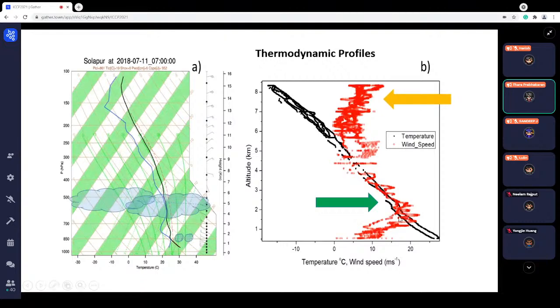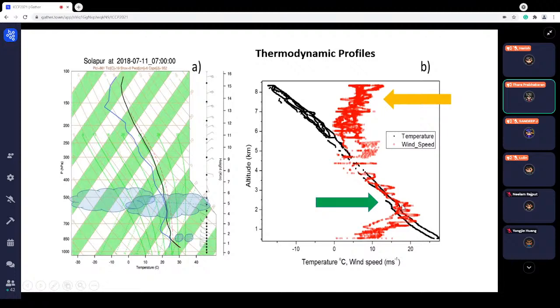It is just around the height of these shallow clouds that you see the peak of the core of the low-level jet. Above that we have a strong shear, where we have the easterly jet, actually much above this height, but our clouds are below that level.